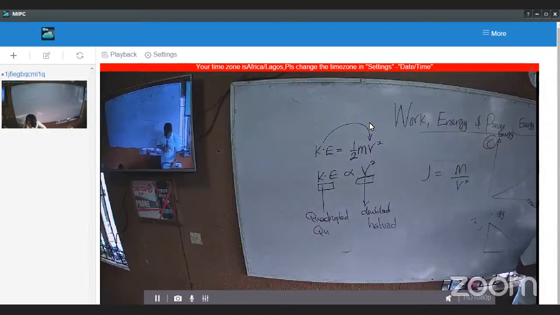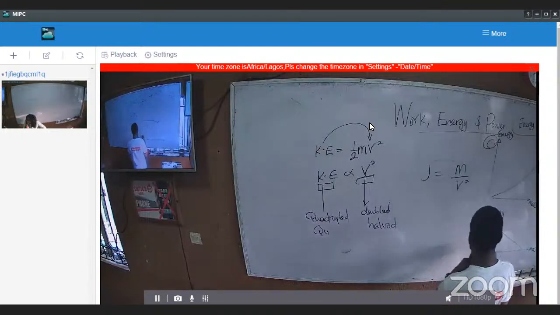Let's go. Number 9. Calculate the work done on the body during the first 20 meters of motion. Only the work done on the body during the first 20 meters of motion.